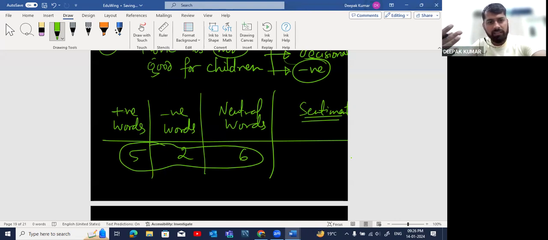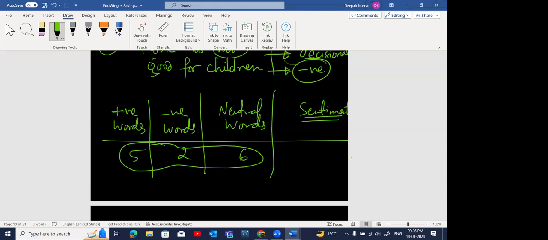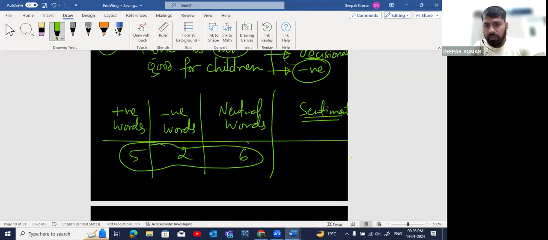May I consider it a positive review or a neutral review? What do you say? Neutral. If I say neutral, it is adding weightage neither to the negative nor to the positive. Consider neutral as equal to 0.